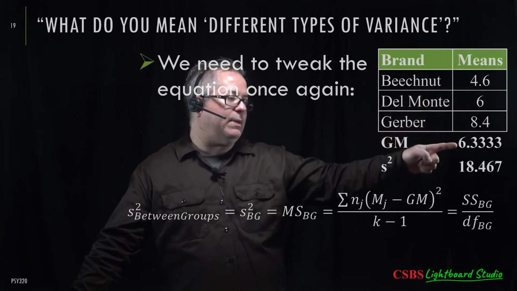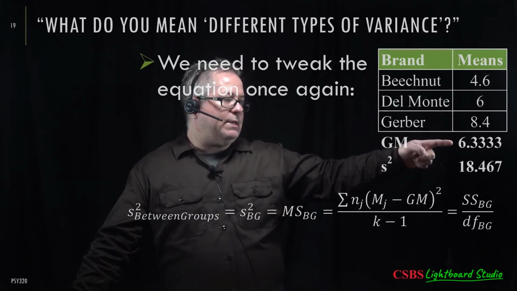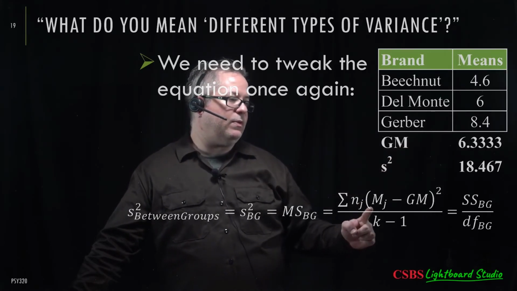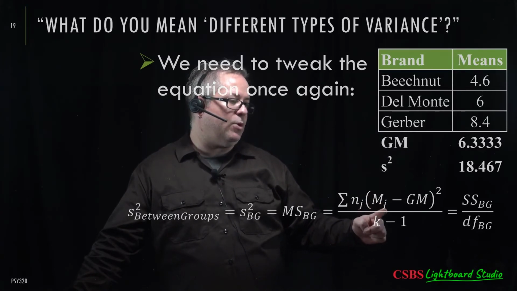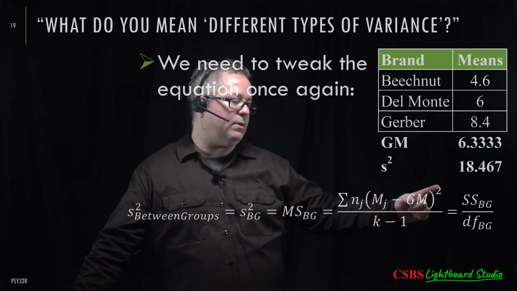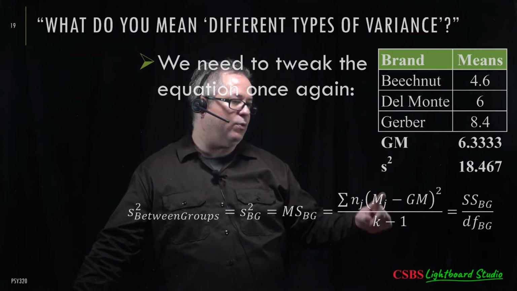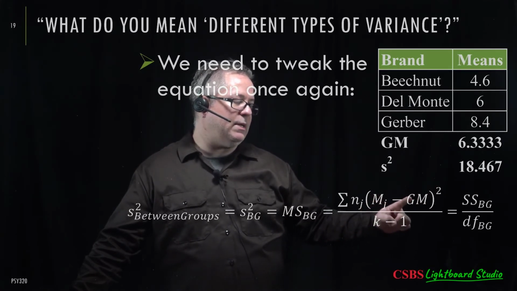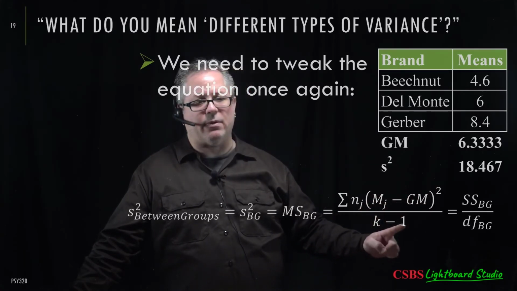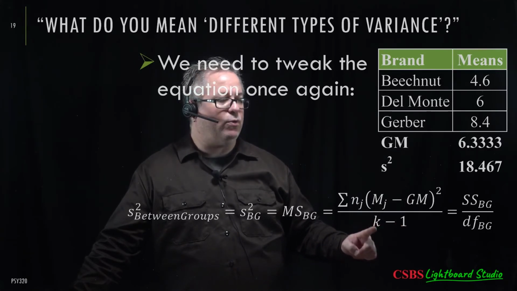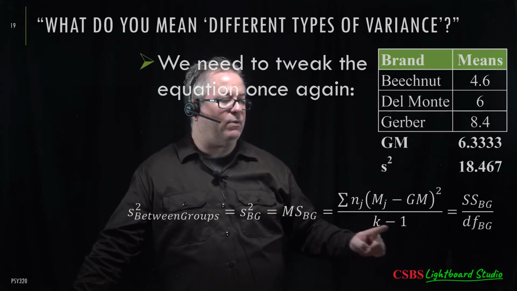And I have that grand mean that we figured out before, which is the 6.333. So can't I just figure out the deviation of M1, M2, M3 around the grand mean, squared? And because I have k groups and one grand mean, I'm going to have degrees of freedom of k minus 1. All right, so k groups minus 1 grand mean is going to be my degrees of freedom.